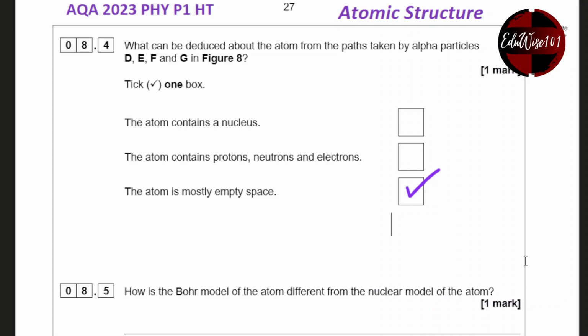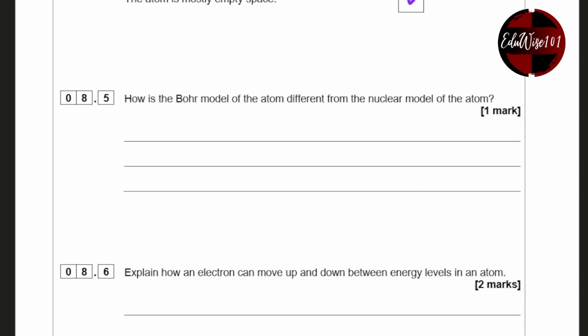8.5. How is the Bohr model of the atom different from the nuclear model of the atom? Now, the nuclear model is where you have the nucleus and the electrons going around in circles. This is what we commonly use in chemistry. The Bohr model was developed further later on, and it's a development from the nuclear model. In the nuclear model, the electrons are simply in fixed positions going around in a circle called orbits.